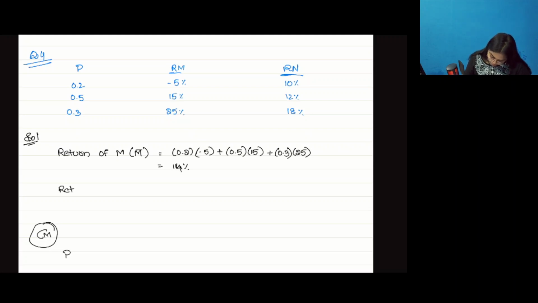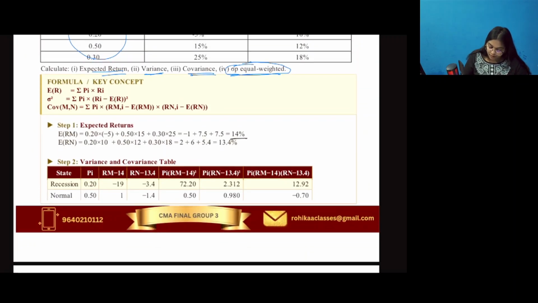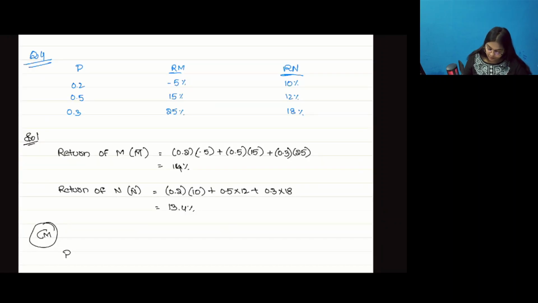Return of n, that is n bar, equals 0.2 into 10% plus 0.5 into 12 plus 0.3 into 18, that is 2 plus 6 plus 5.4, equal to 13.4%. So m bar is 14% and n bar is 13.4%.